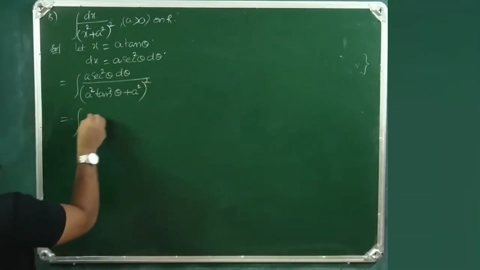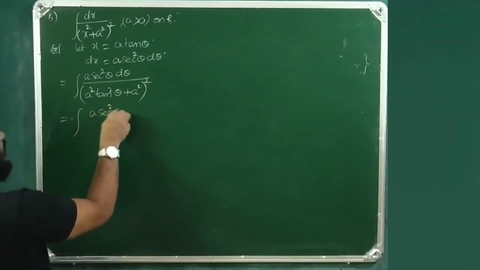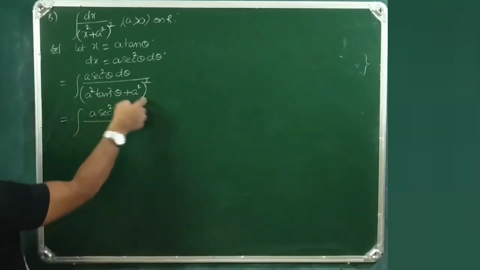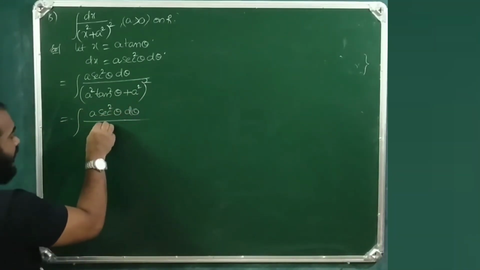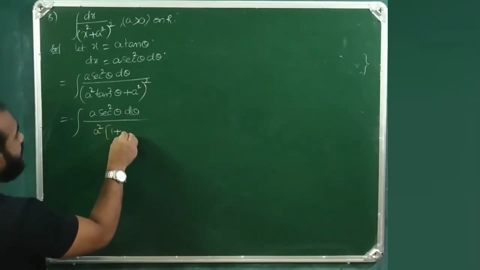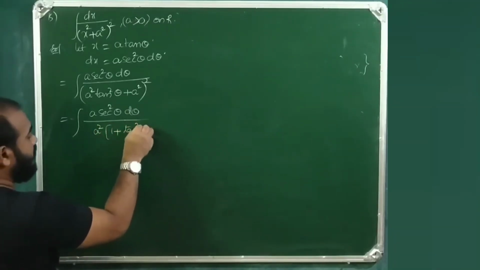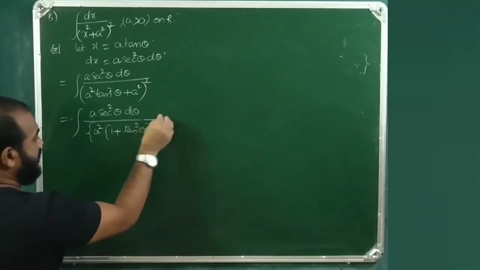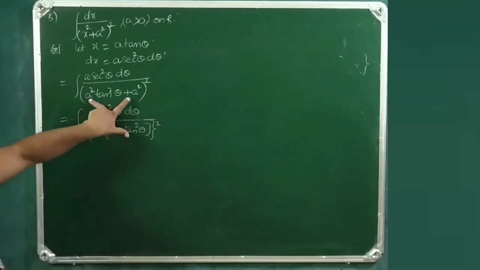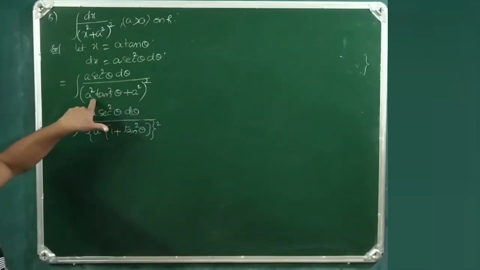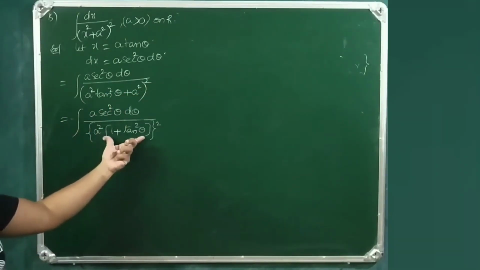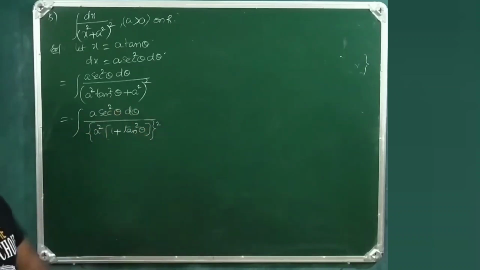This is equal to a secant square theta d theta by, take a square common in both of them, then we'll get 1 plus tan square theta, whole square.